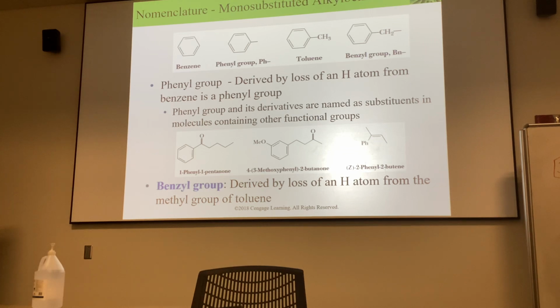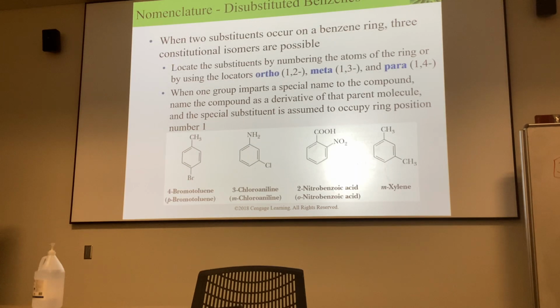But a lot of times they just keep calling it phenyl. All right, cool. If it's got a bunch of stuff on it, then it just becomes phenyl. If it just has tiny little substituents, then we call it something benzene.